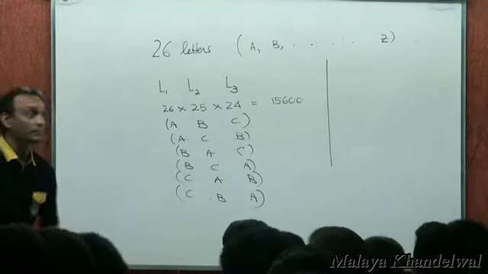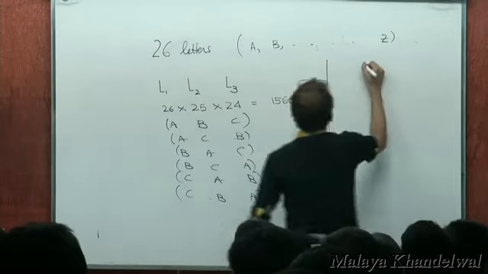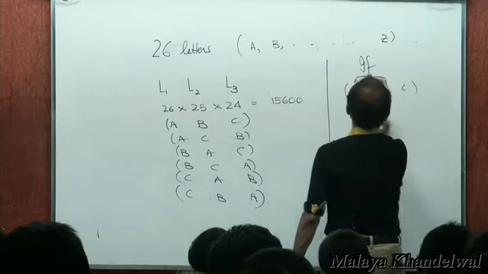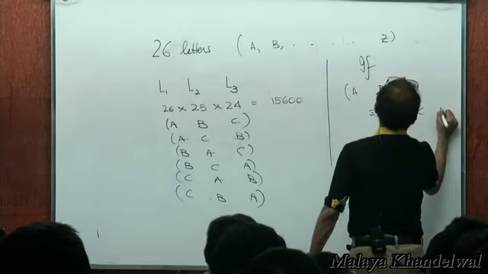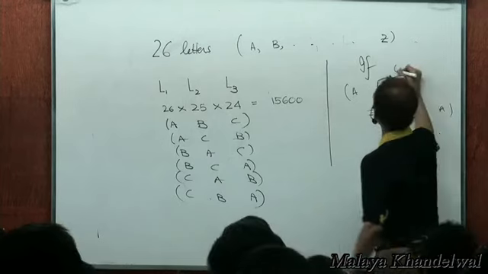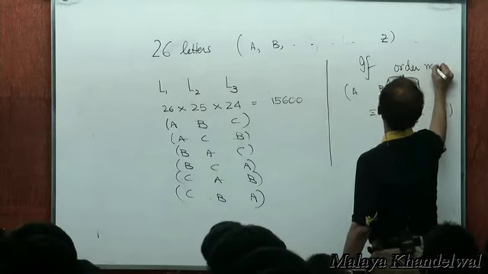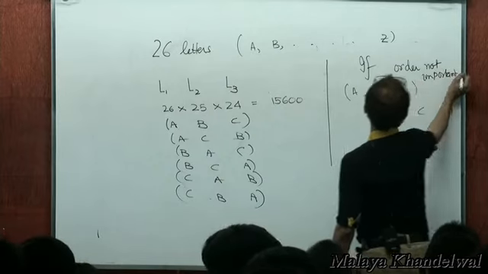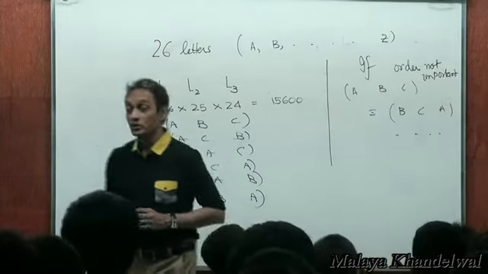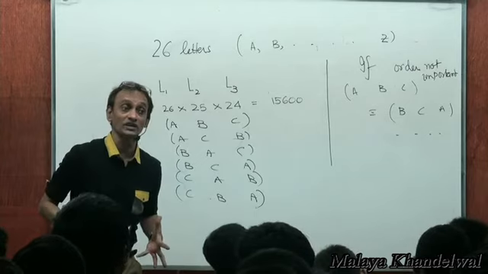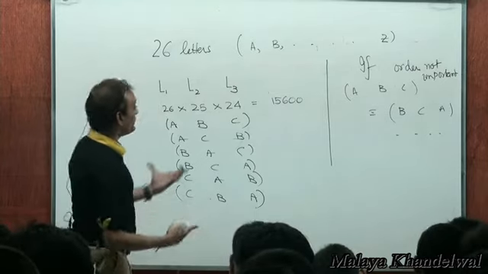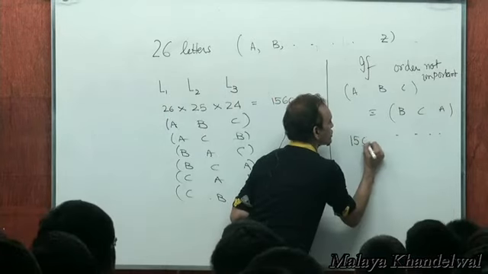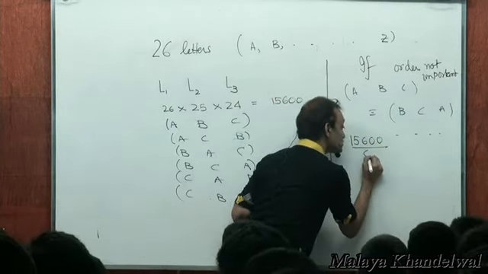So if the order was not important, that means if ABC was the same as BCA, etc., it was only about the selection. If it was only about the selection, then the total ways in which I could select 3 would be like suppressing this count. These then said 15,600 divided by 6.